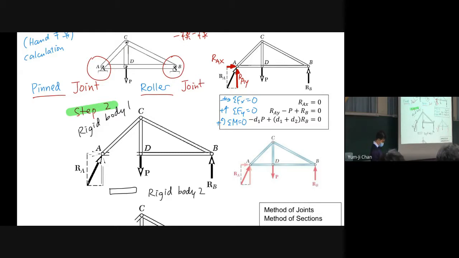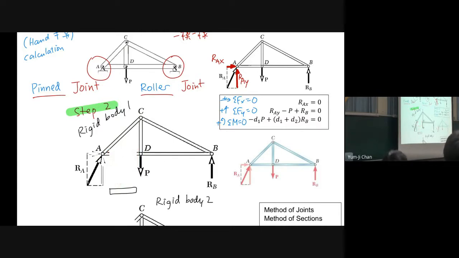Rigid body 1 is the whole structure minus member AB, and rigid body 2 is this part. We take this out to be rigid body 2.